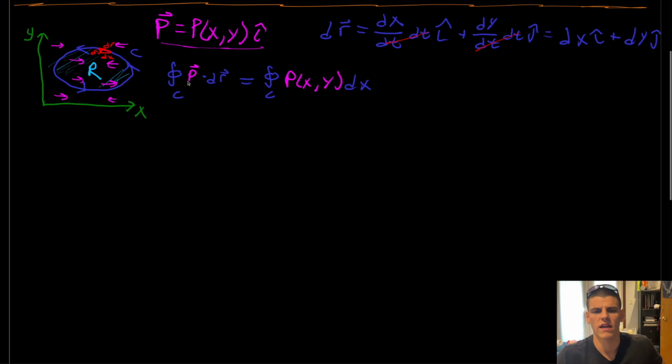So now that we've taken this more abstract integral around the closed curve C and changed it into this simpler representation where we're only integrating with respect to x, we can split this integral into two parts at the highest x value and the lowest x value, and integrate with respect to x twice to get our full integral.